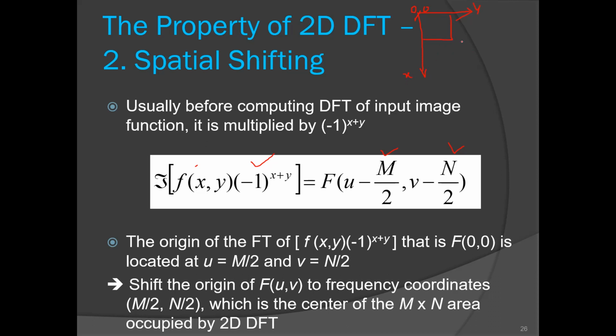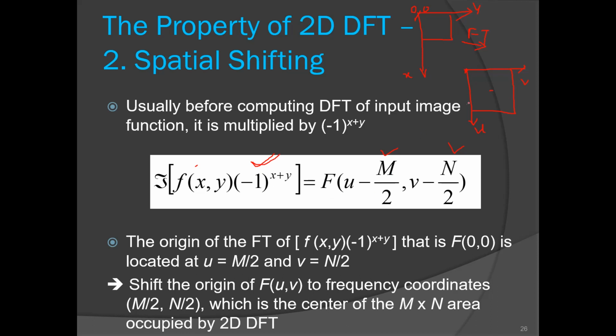If we take a Fourier transform of this image, you will get a transform image whose coordinates will be u and v, and the center of the spectrum lies here. Now we want to translate that center to here, the center of the image. For that we have to multiply the original image by this, and then take a Fourier transform.